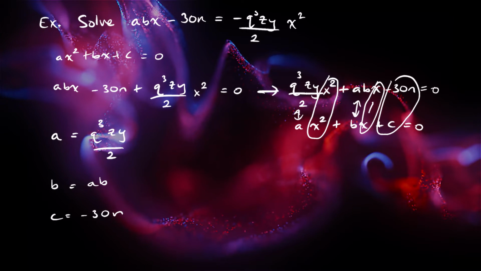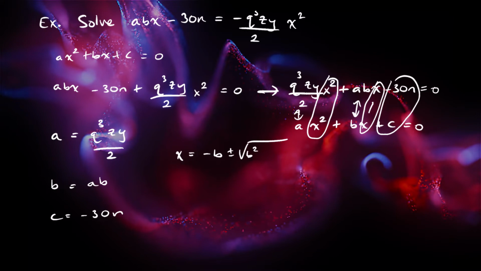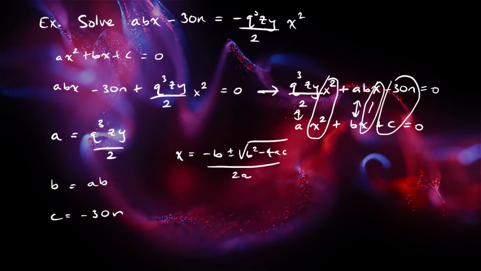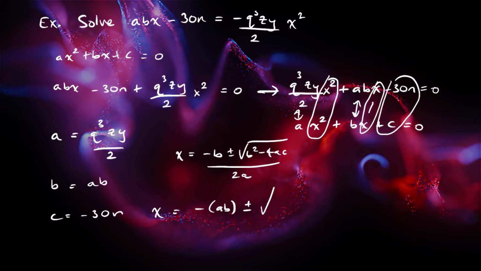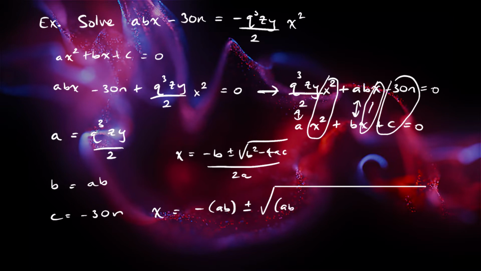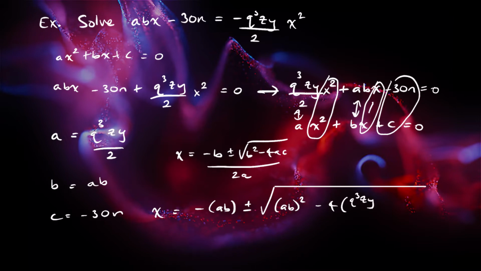So remember the standard quadratic formula is x is equal to negative b plus or minus the square root of b squared minus 4ac over 2a. So putting in our values of a, b, and c now. x is equal to negative b, and b is ab, plus and minus the square root, and this is going to be a big one, of b squared, so that's ab squared minus 4 multiplied by a being q cubed zy over 2, times c, and c is negative 30n.